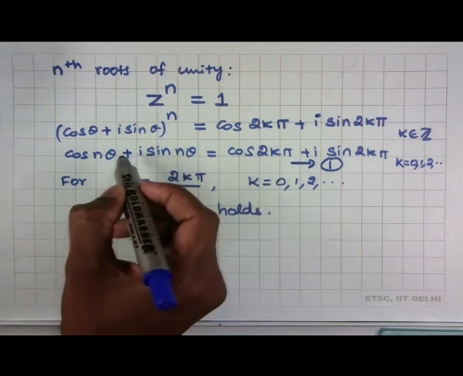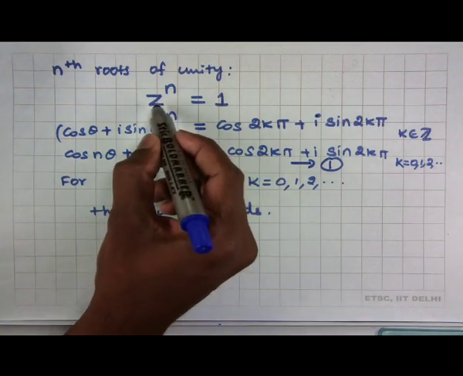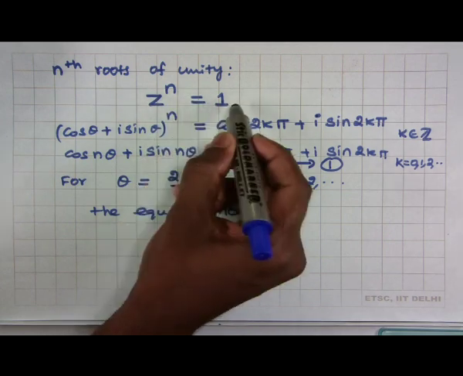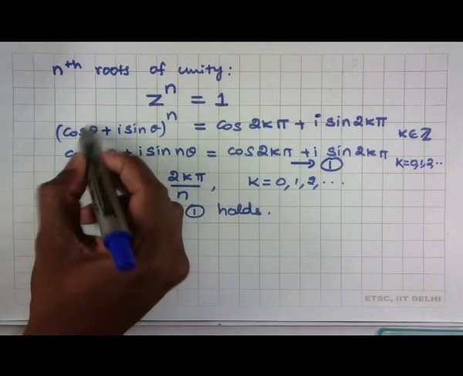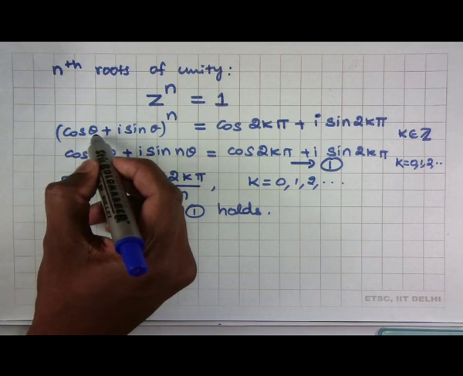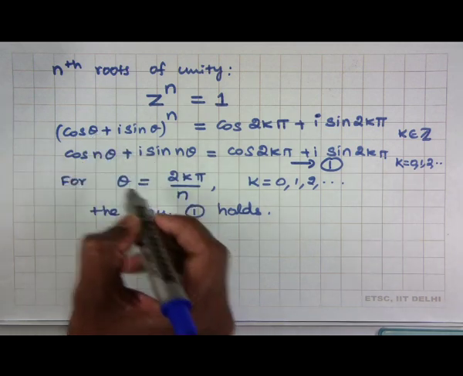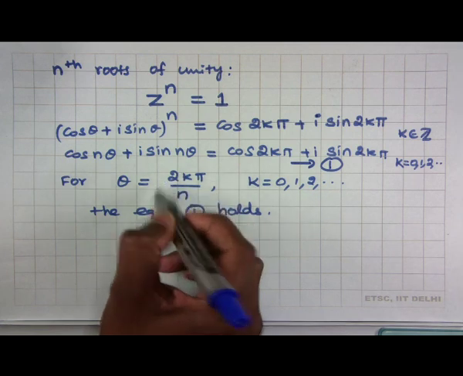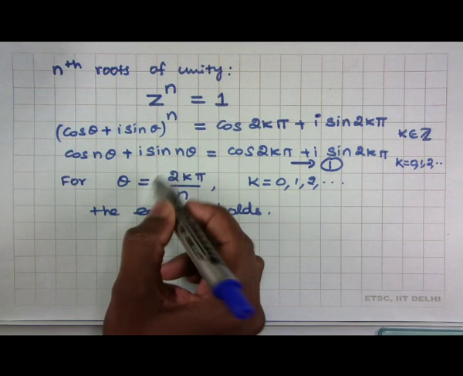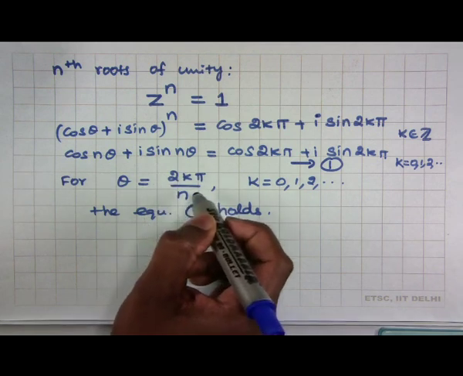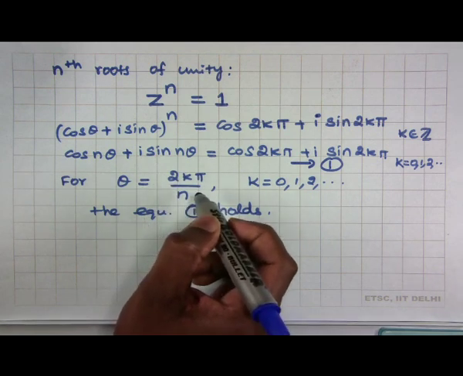So, when we consider a complex number z with z power n equal to 1, and we ask what the argument of this complex number is, we end up with theta of this form. Now the question is: what are all the distinct theta values that give distinct complex numbers?